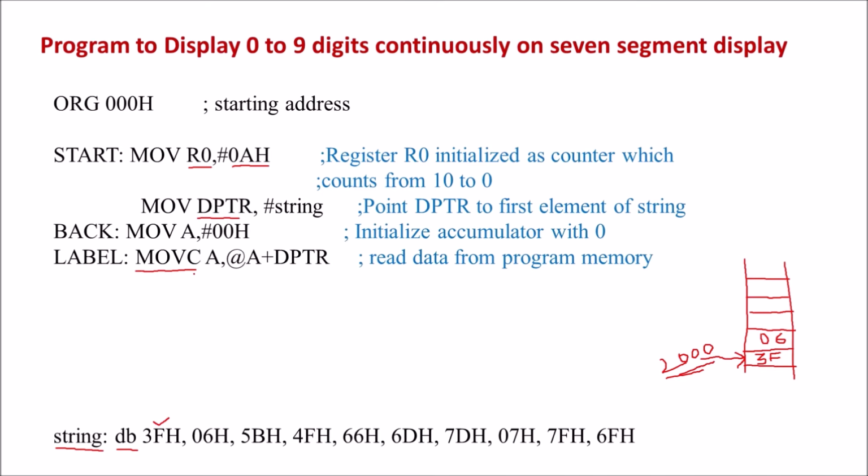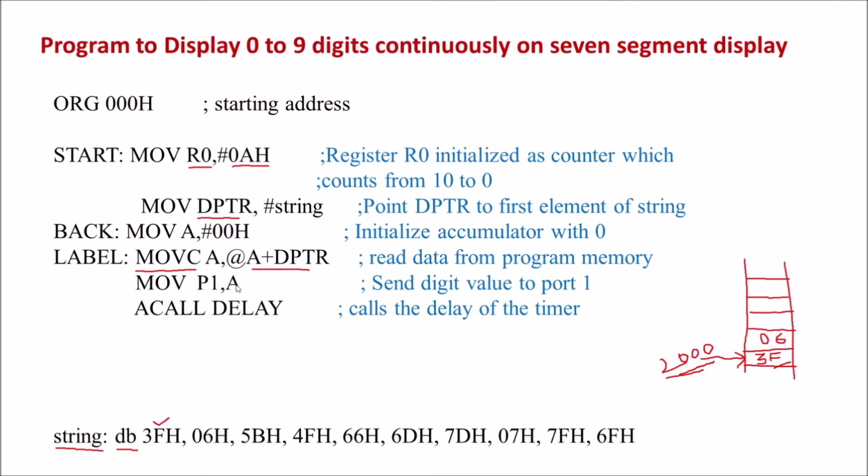This instruction will go to this address location, which in this example is 2000, because 2000 is stored in DPTR, the first memory location of this lookup table. The controller will read the data from this address location, that is 3FH, and store it back into the accumulator. So 3FH is now stored in the accumulator.